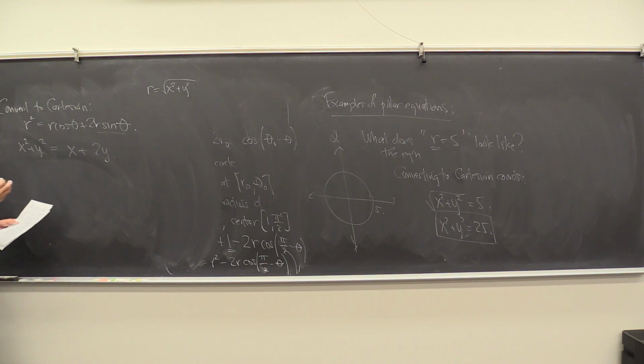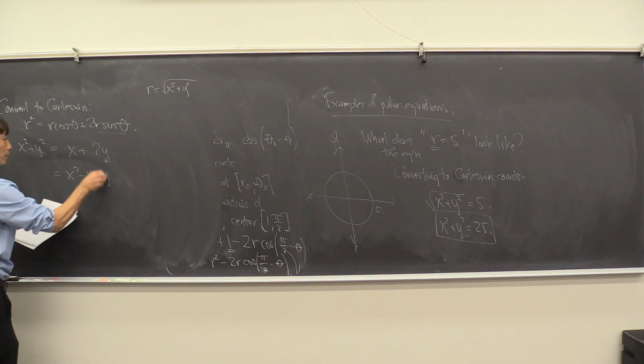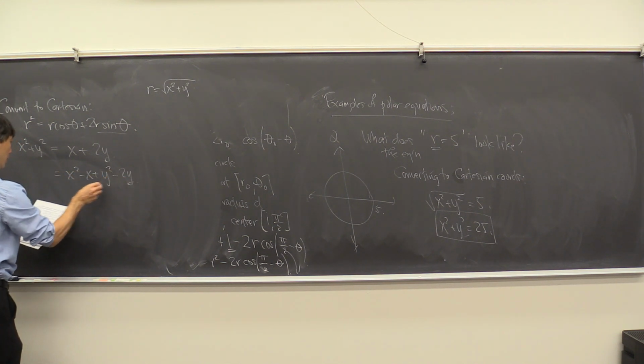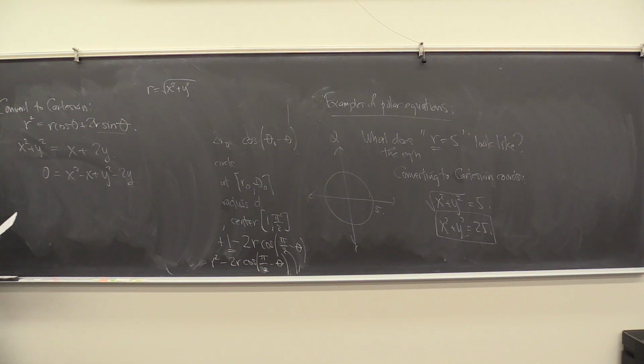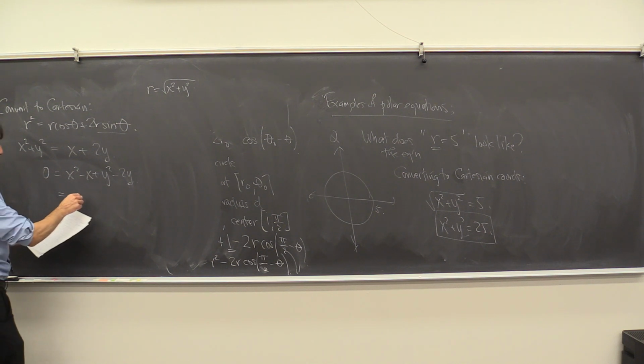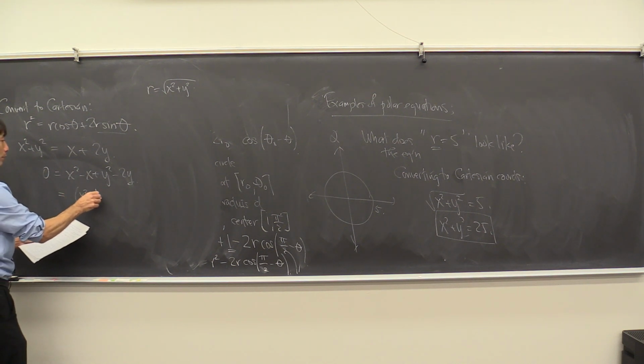Okay. So then you get this equation, right? X squared minus x plus y squared minus 2y equals 0. Which you can turn into, if you use completing the square on it, x squared minus 1/2.